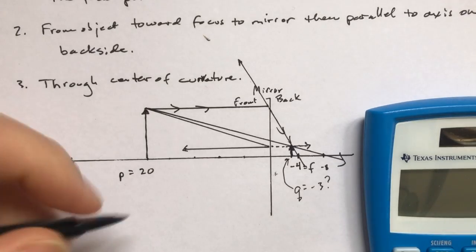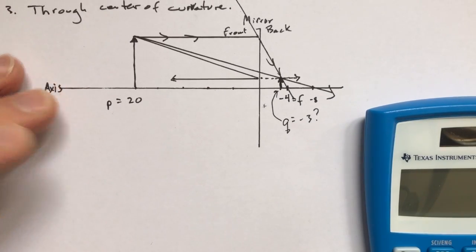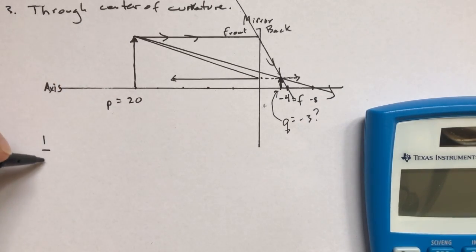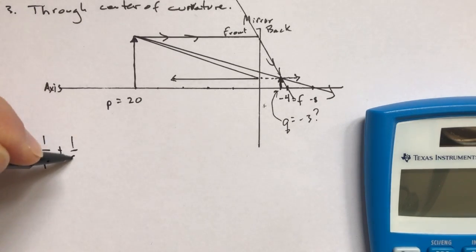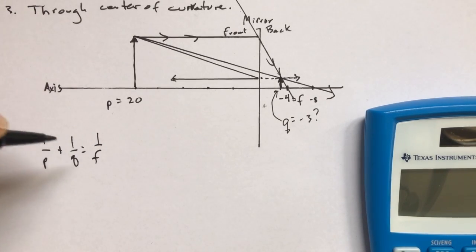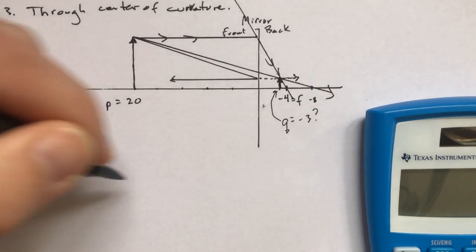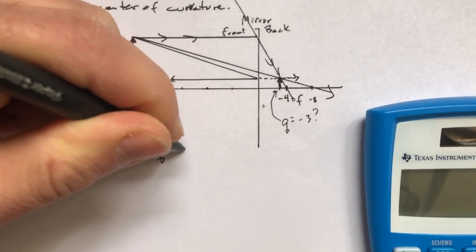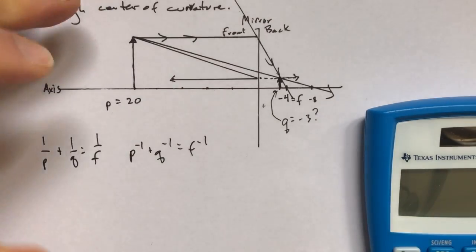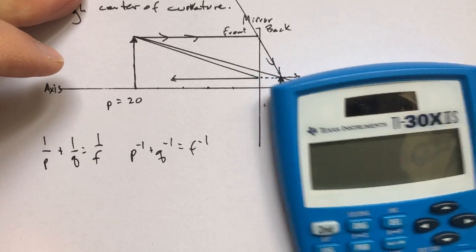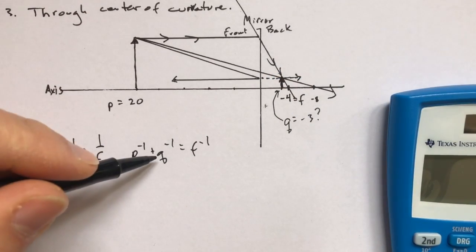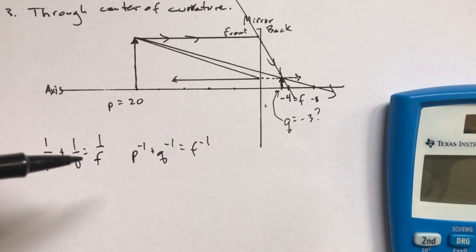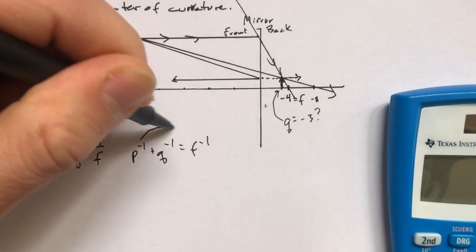Okay, so our equation is the mirror equation, 1/P plus 1/Q equals 1/F. Now, again, this is the way it's always given. I prefer to write it like this: P to the -1 plus Q to the -1 equals F to the -1, because that works so much better on my calculator. So we're going to want to find Q, and so I'm going to move P to the minus 1 over to this side.